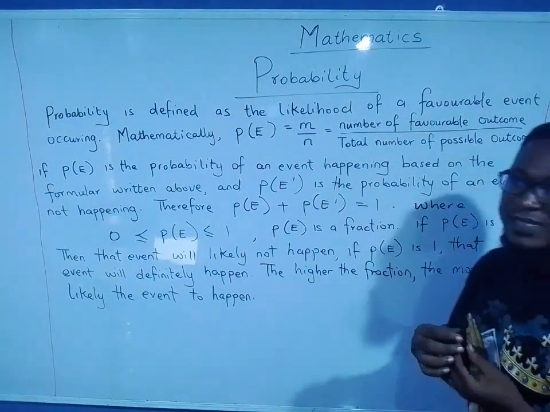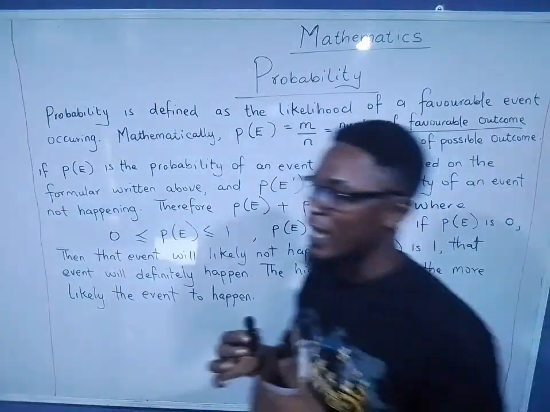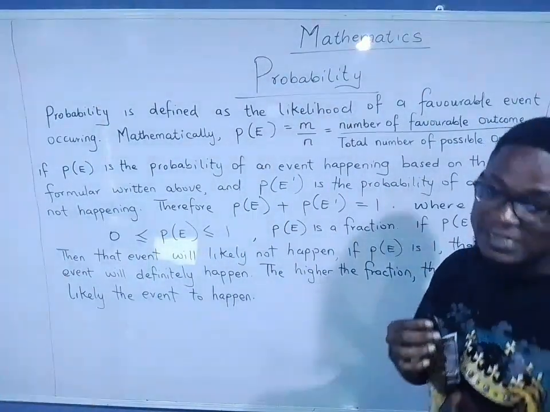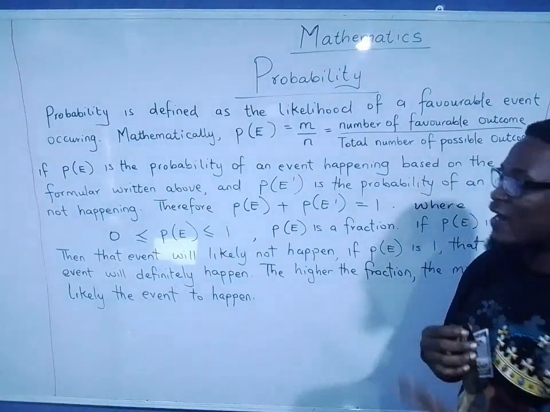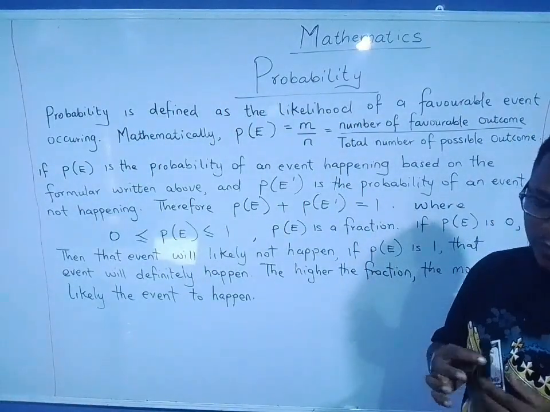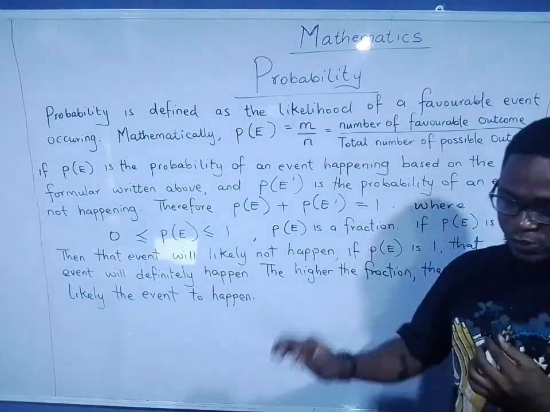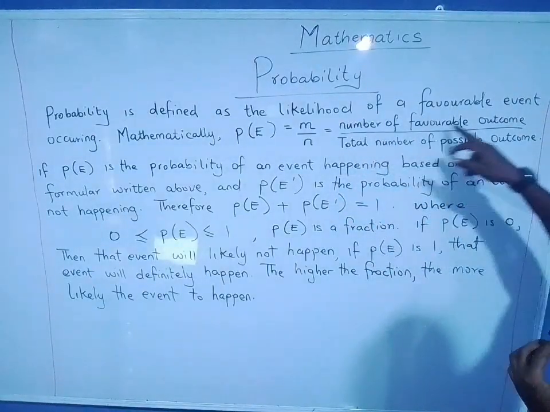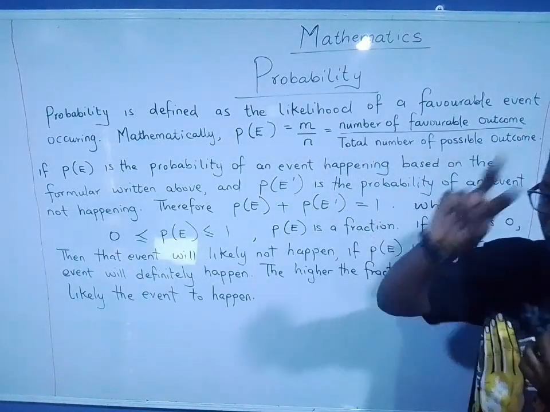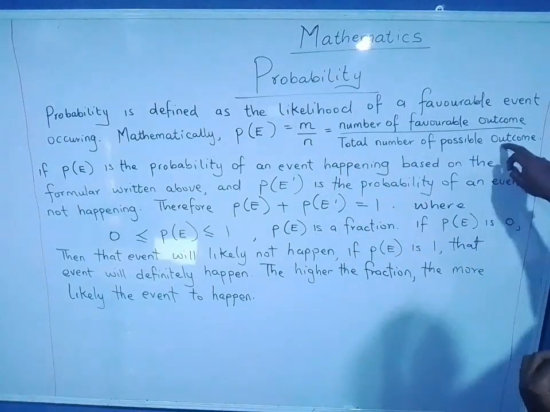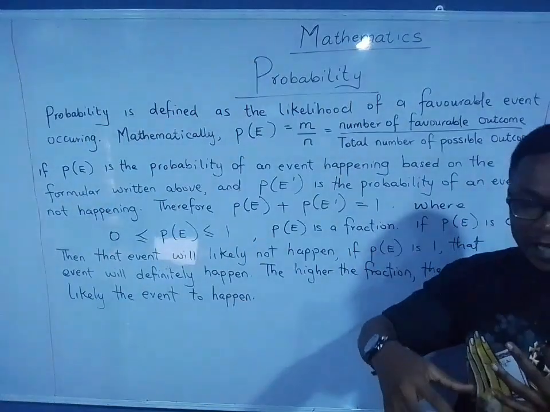For instance, if I say there are 2 girls in this class, and there are 5 boys in this class. If I am to randomly pick anybody, what is the probability that I will pick a girl? The number of the outcome I'm looking for is the girls. We have 2 girls, and the total number of possible outcomes, the total number of people in that class, is 7.